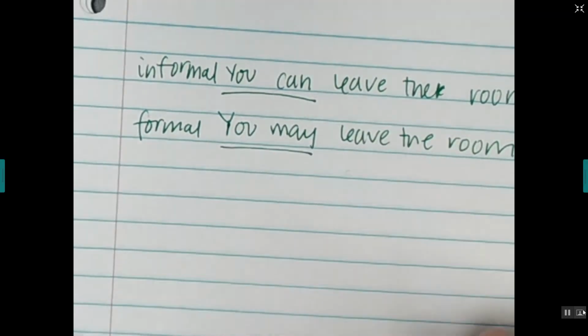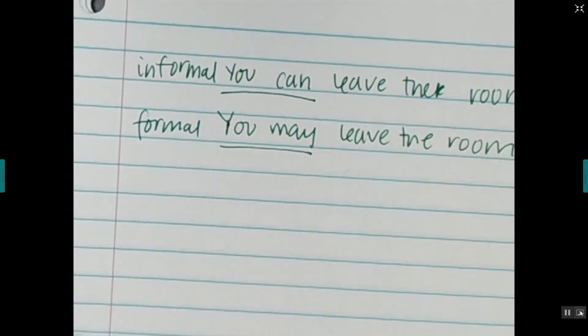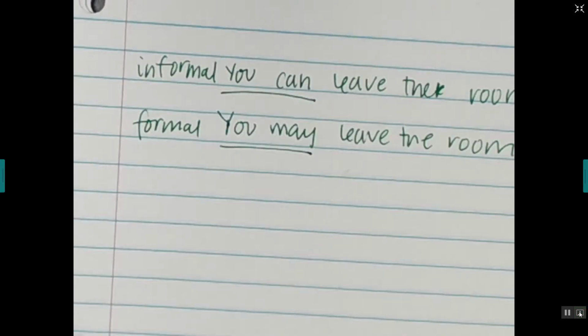This one you would use in a formal situation, like if you have a very serious teacher. I'm not a serious teacher, but if you have a very serious teacher, the teacher might say, you may leave the room, right? So may in this case for permission is more formal, okay?